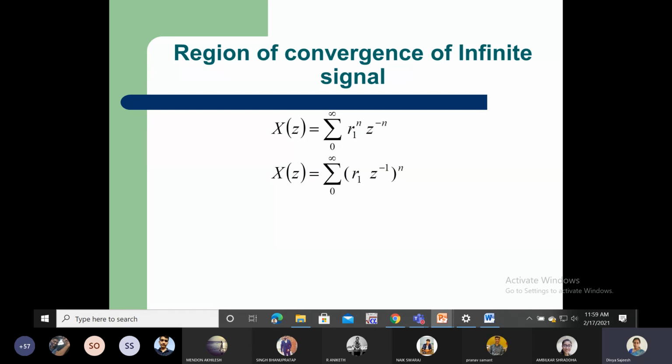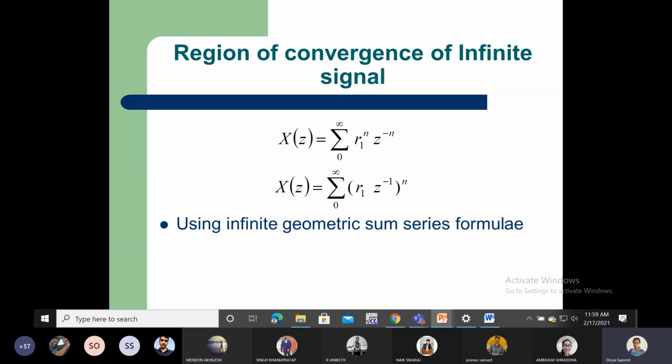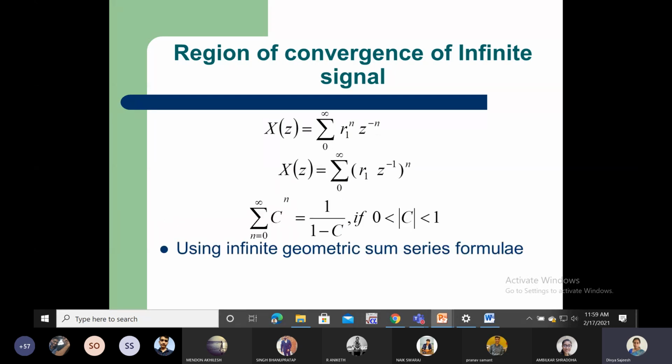So I can apply the general formula of the geometric sum series: the sum of C raised to n, n equal to 0 to infinity. If that is the case, then I can expand it as 1 upon 1 minus C, provided that the magnitude of C is less than 1 and greater than 0.